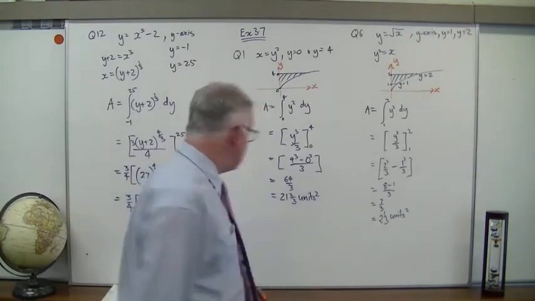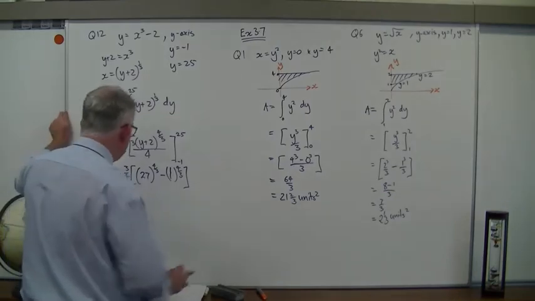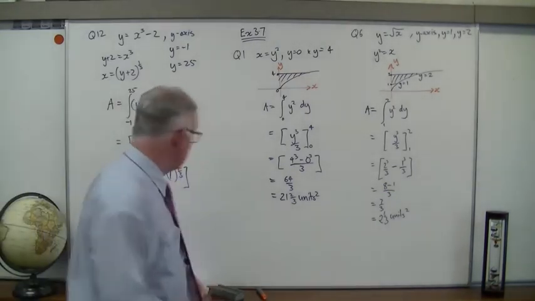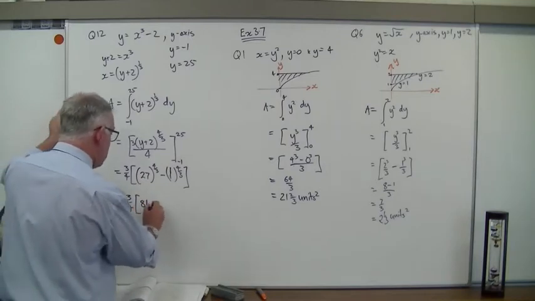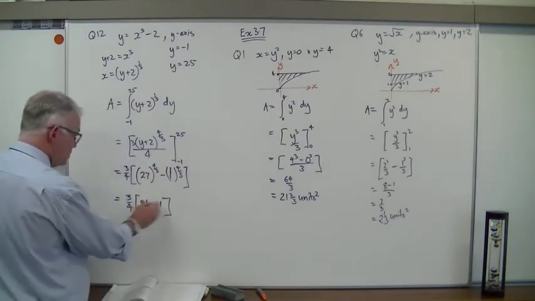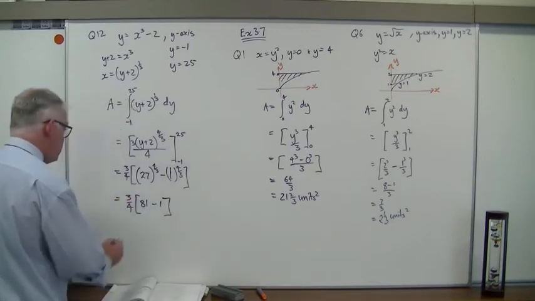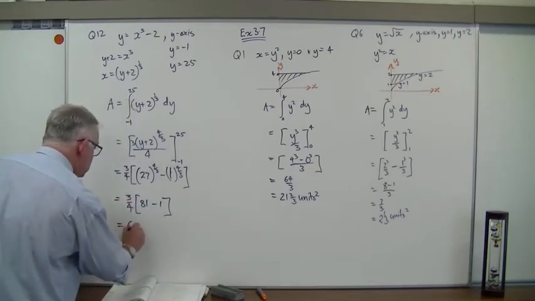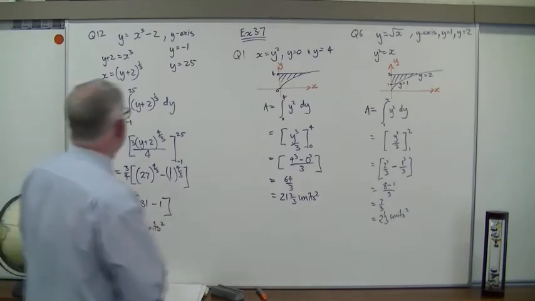Exactly. Yes. Sterlo said 3 to the power of 4 was 81 minus 1. And that's just going to be 80, and then 3/4 of 80 is going to be approximately 60. So it'd be 60 units squared.